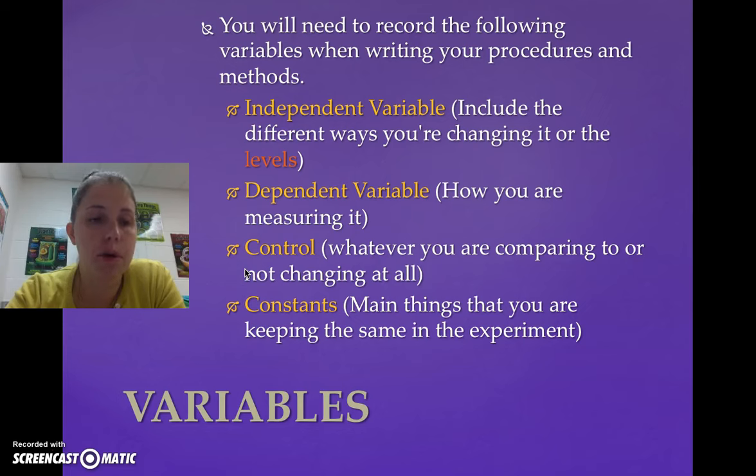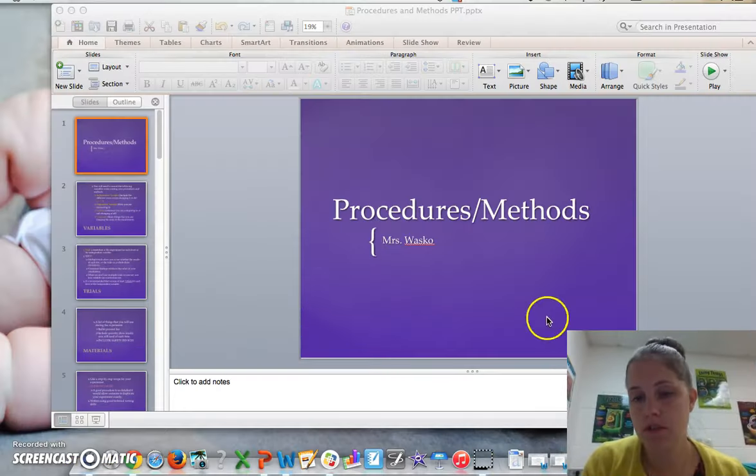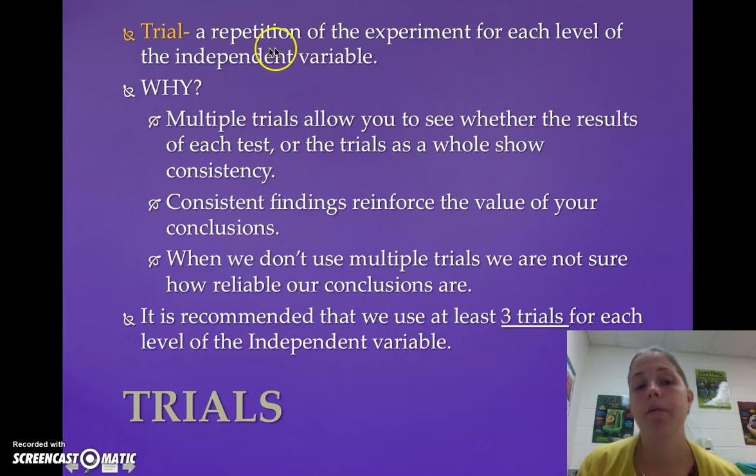So for that example, you would want to keep the amount of sunlight the same, the type of soil the same, stuff like that. So you need to list those things and that information about each of those things as a part of your methods.